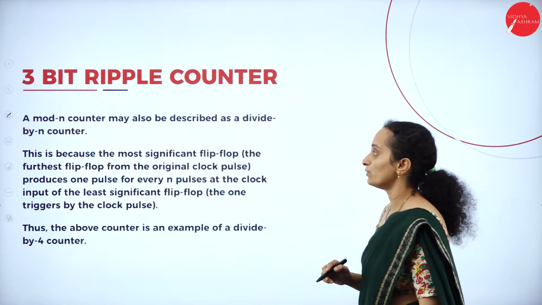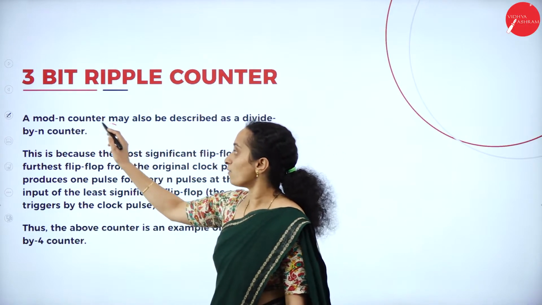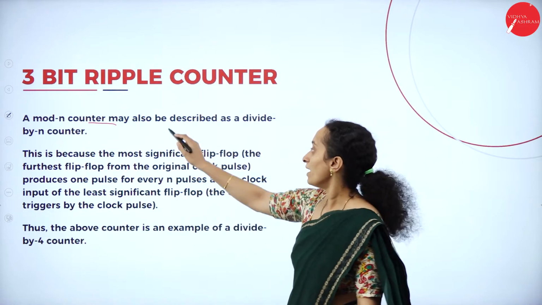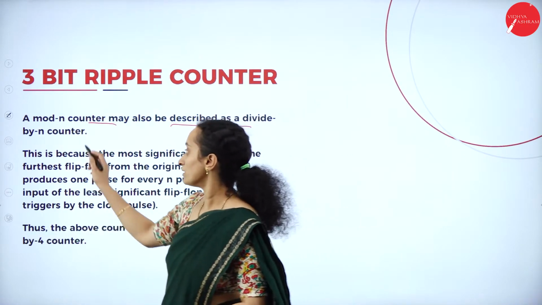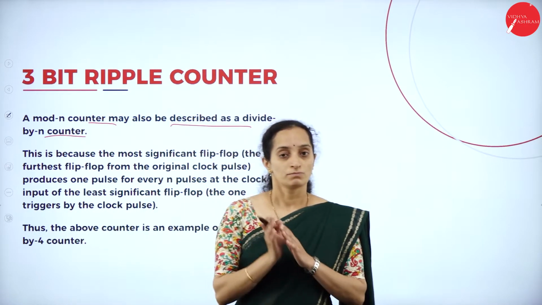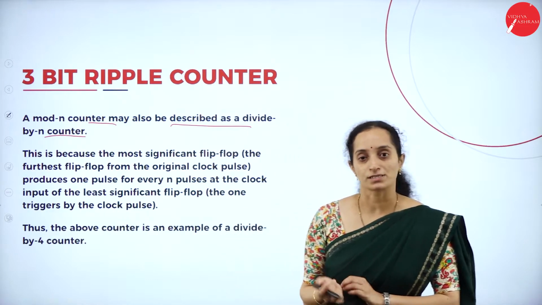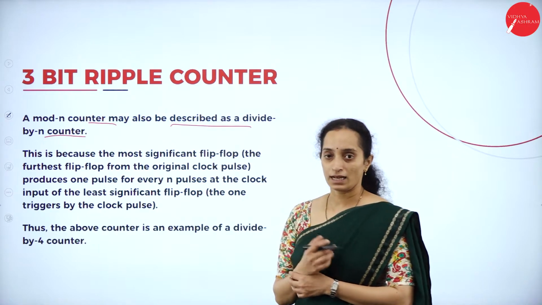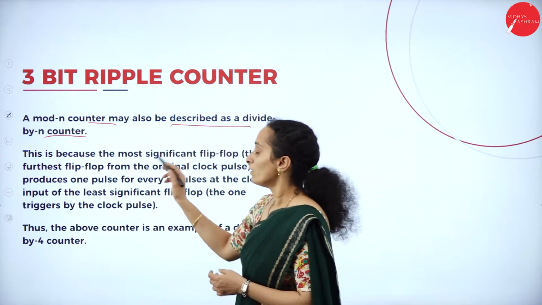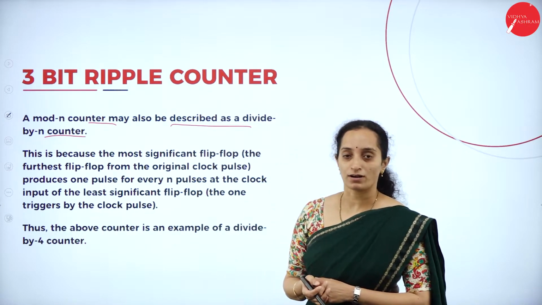A mod n counter may also be described as a divide by n counter. The number of states will be divided by n. Why do you need this kind of calculation?